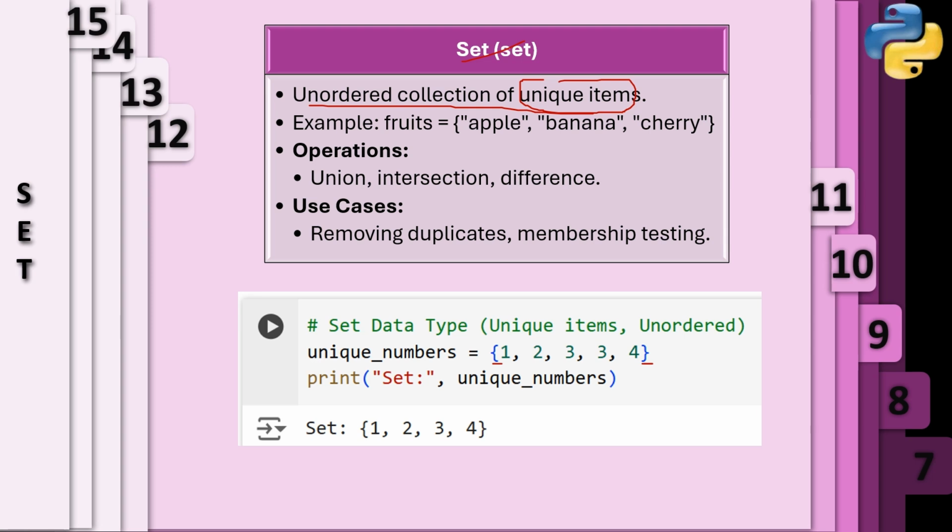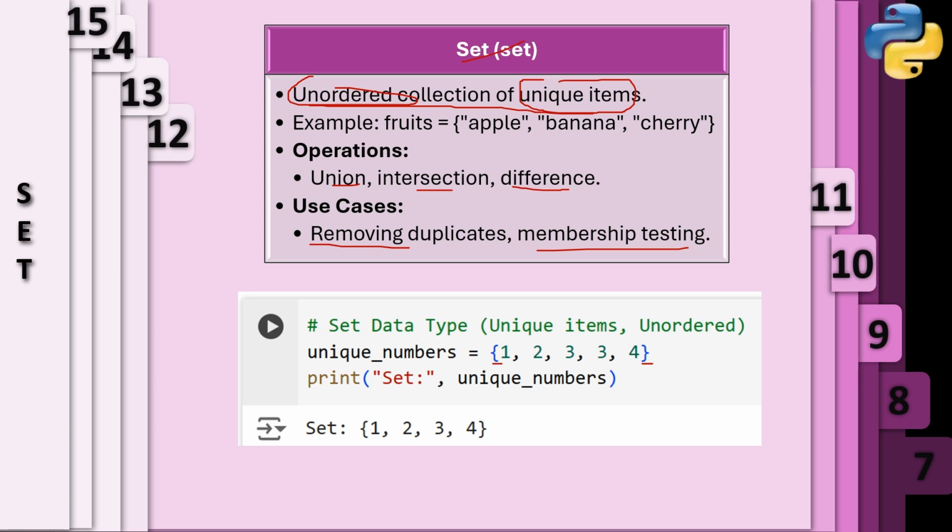As it is unordered, you cannot access elements using an index or a key. Sets support various mathematical operations like union, intersection, and difference. Sets are particularly useful for membership testing and eliminating duplicate values or entries. They provide a highly optimized method for checking whether a specific element is contained in the set or not.